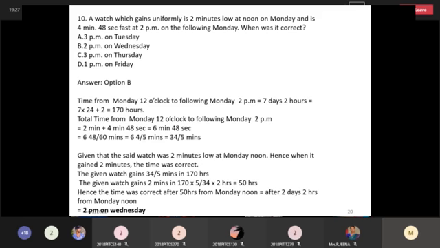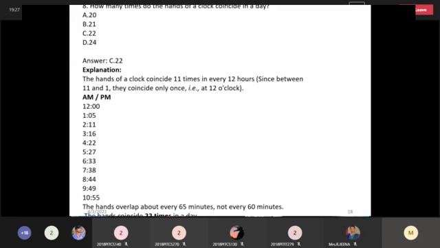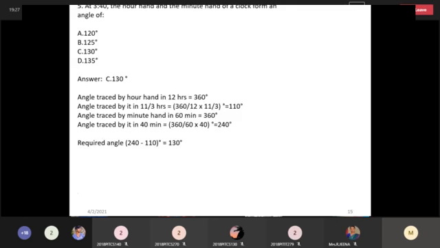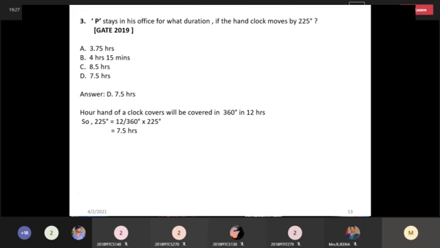From clock problems, I already told you a very similar one. Mainly they will focus on three types of problems, and you have to focus on them for the GATE exam.